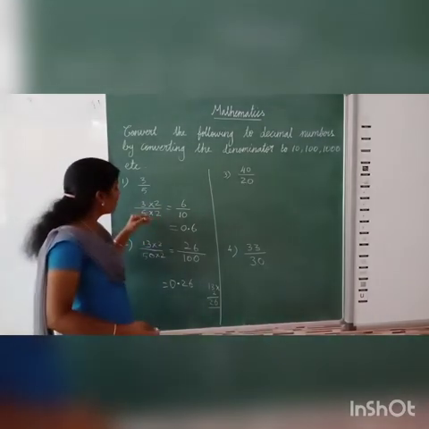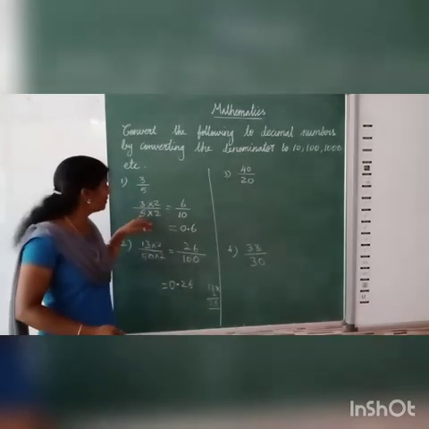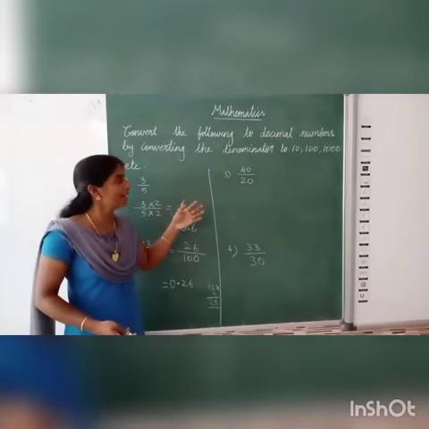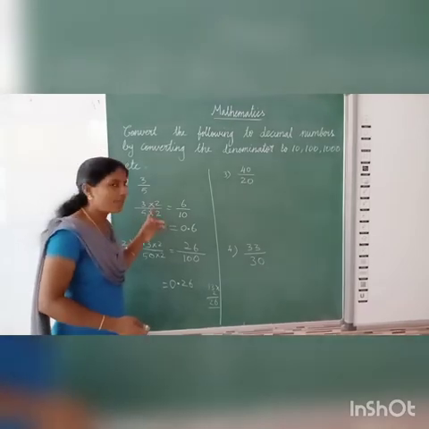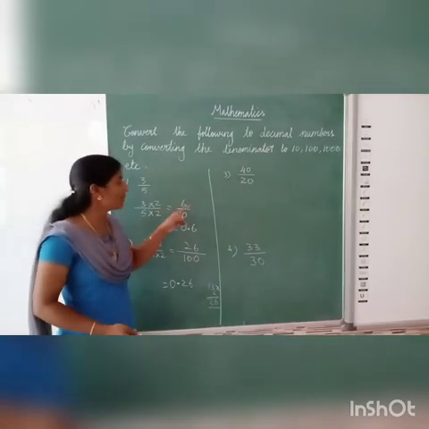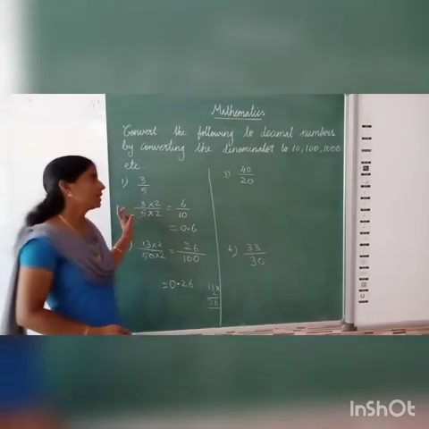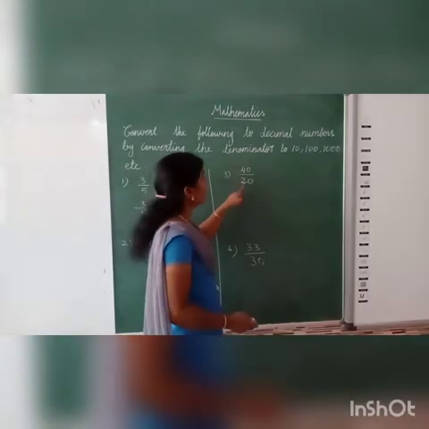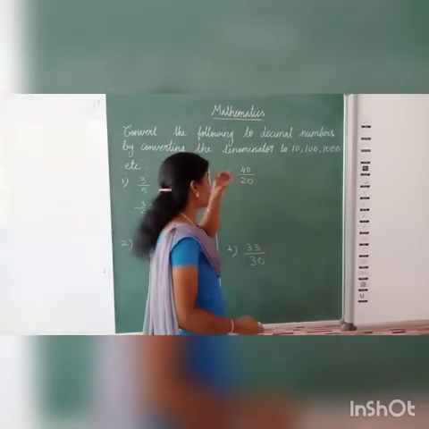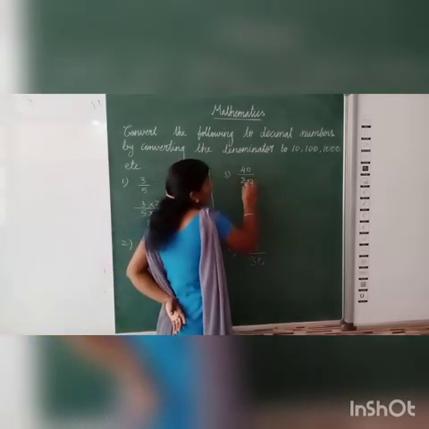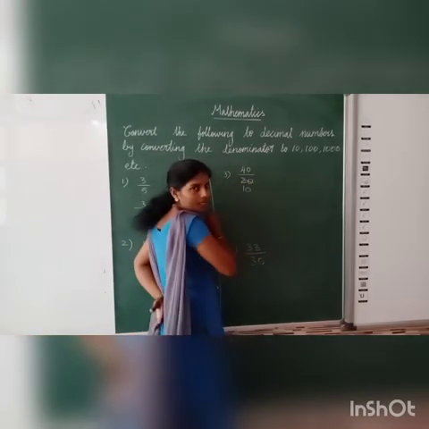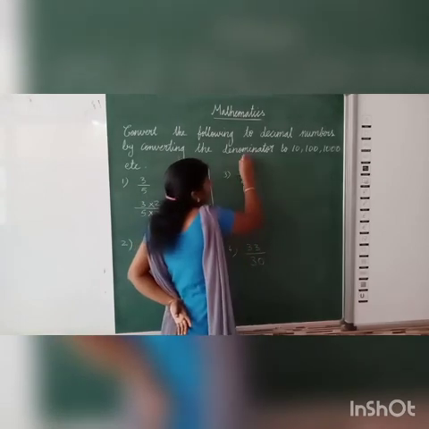Suppose we multiply by 2 and we do not get 10, 100 or 1000, then we can't do it like this. We must multiply by the number that gives us that. Now here 40 by 20, we can use the 2 table. 10 2s are 20, and 2 2s are 4, then 0.